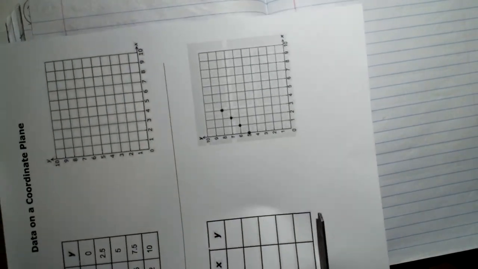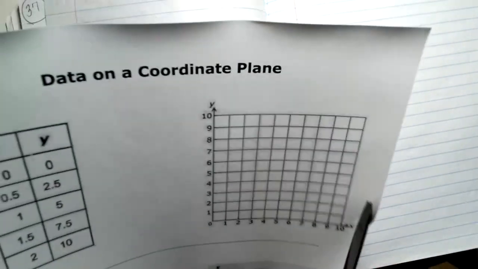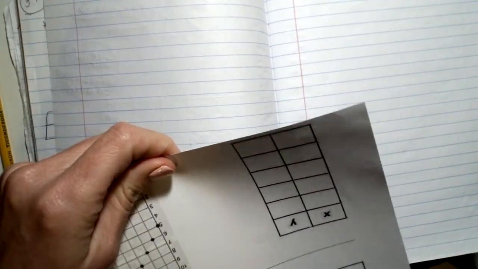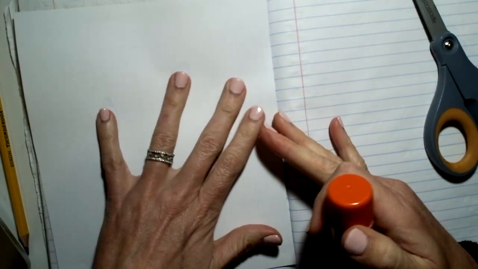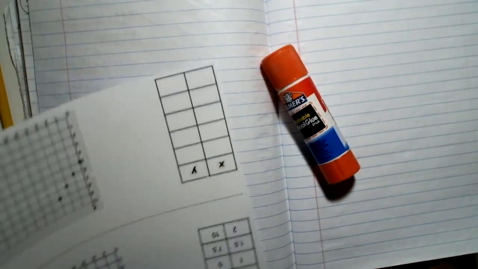you're going to go ahead and get it cut out and glued in your book. Make sure we don't cut anything important off. And we're going to get that glued into our notebooks. Hopefully, that's going to be a little wide. Let me see if I can get that a little closer. Alright.